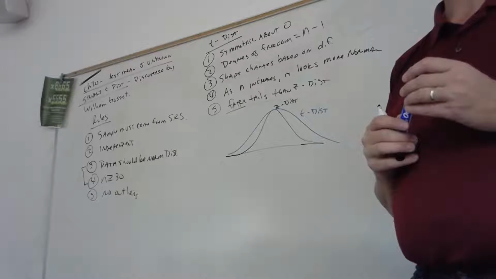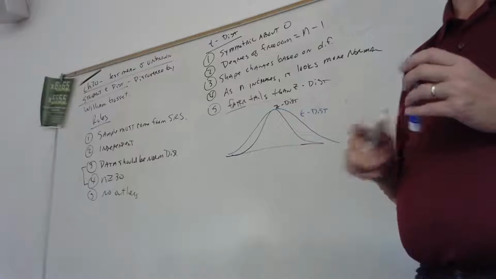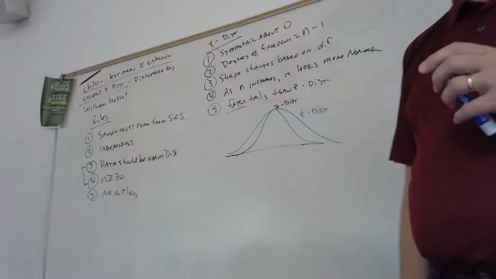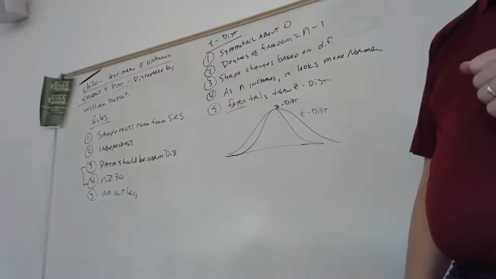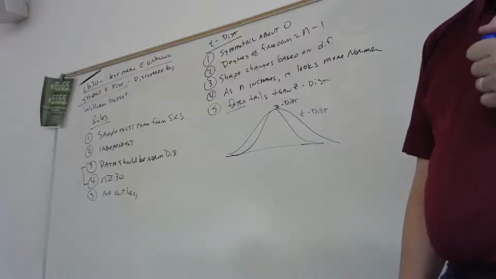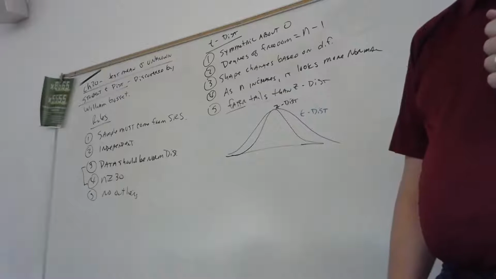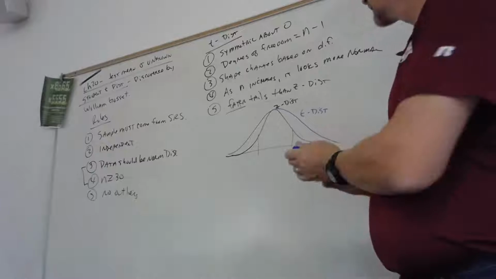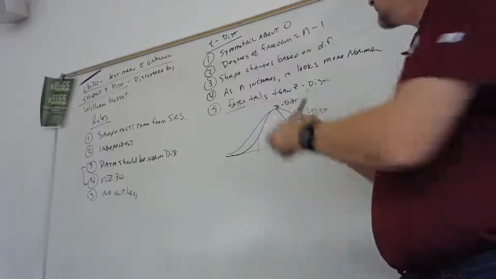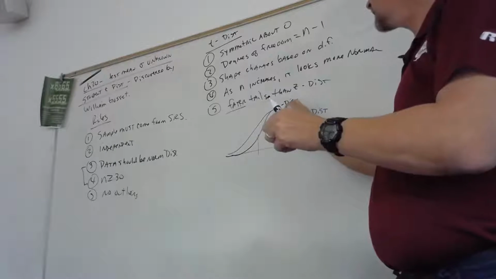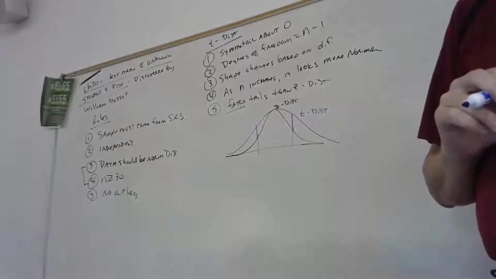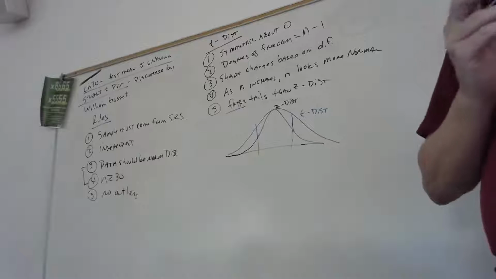If the black is the Z, blue is the T. It's got fatter tails. Where's the fatter tail part? Well, these are your tails. So there's going to be more area in the T tails than in the Z tails. Got it.